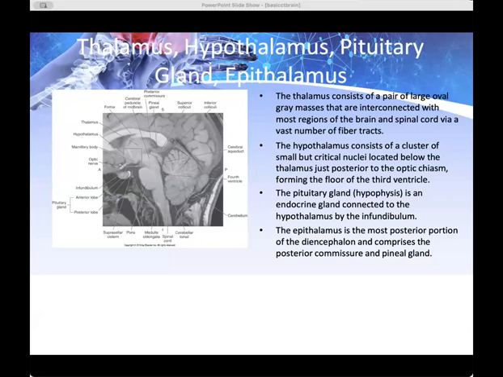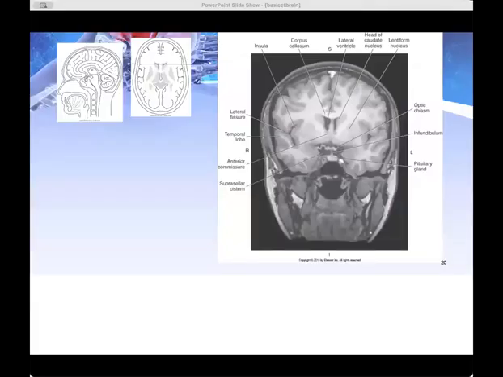In addition, the hypothalamus modulates the activity of the anterior and posterior lobes of the pituitary gland via the release of neurohormones. These hormones stimulate or inhibit the release of pituitary hormones. The pituitary gland is located in the sella turcica at the base of the brain.